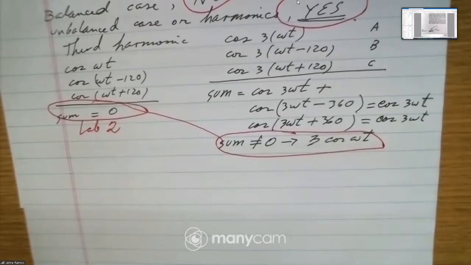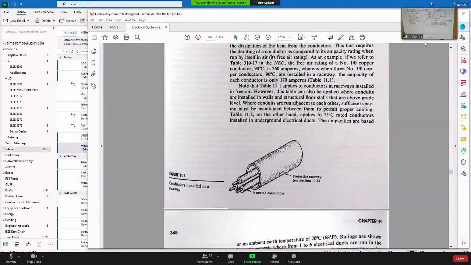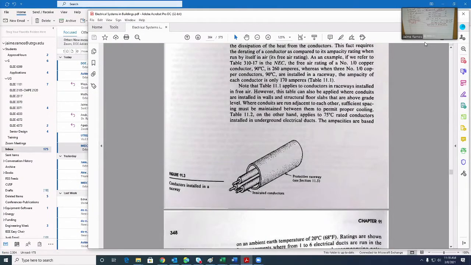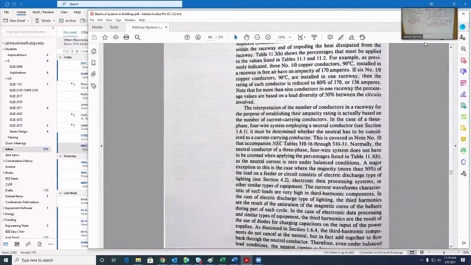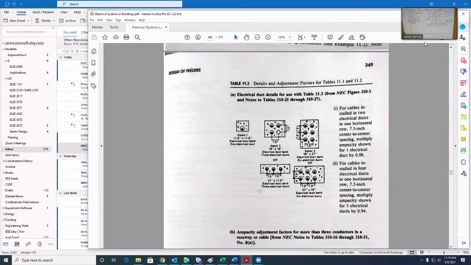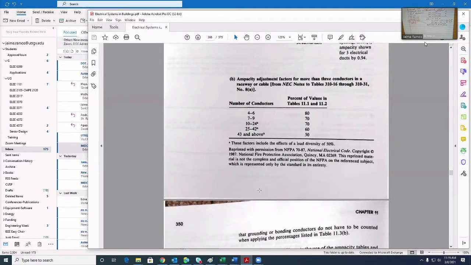The conductors are insulated. So that's the normal case. There may be another conductor, but then look at, this is the table that I wanted to show you: adjustment factor for more than 3 conductors.